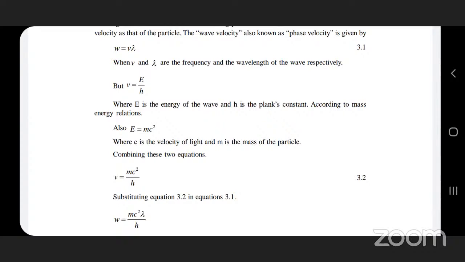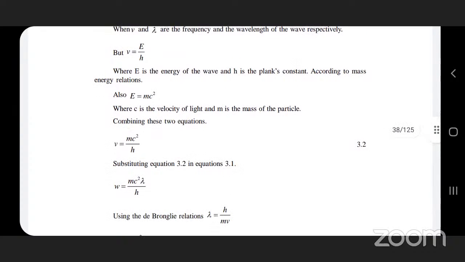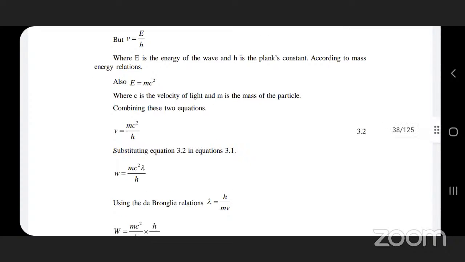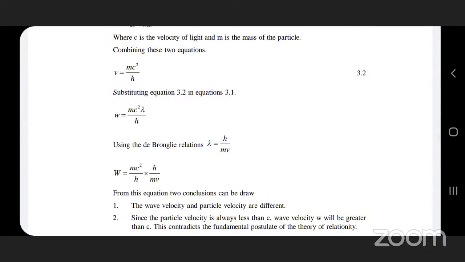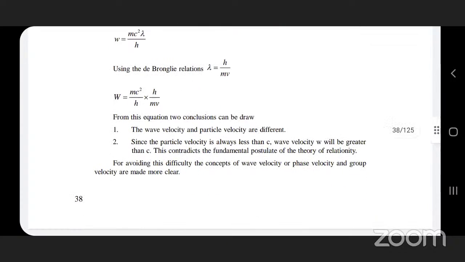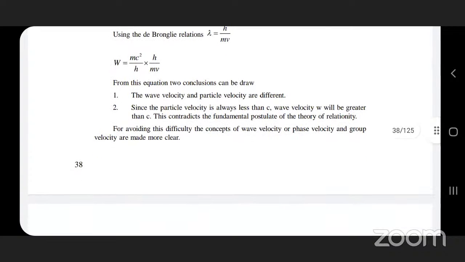So here, by combining these equations, nu equals mc square by h, substituting in w equals nu lambda, w equals mc square by h into lambda. Using the de Broglie relation, lambda equals h by mv, w equals mc square by h into h by mv. There is a cancellation, m gets cancelled, h gets cancelled. Okay, so from this equation, two conclusions. One is that the wave velocity and the particle velocity are different.